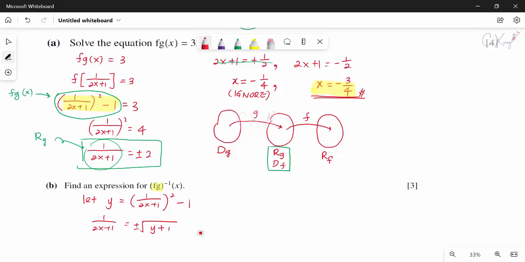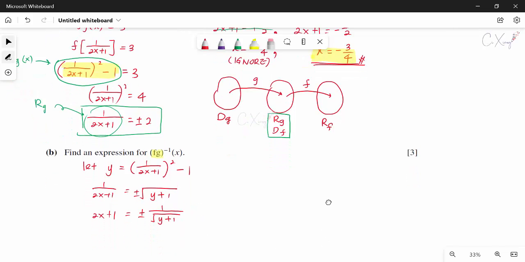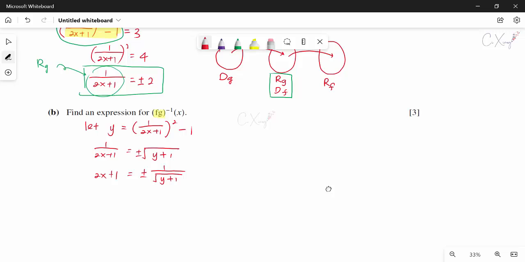Then I will have 2x plus 1 equals to plus minus 1 over square root y plus 1. So if I continue further, I will have x equals to negative 1 over 2 plus minus 1 over 2 square root y plus 1.